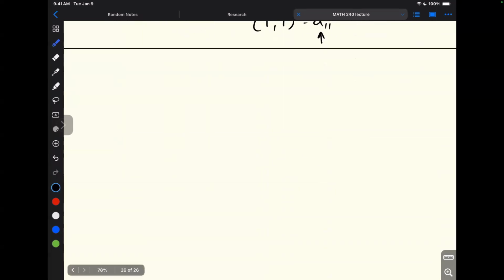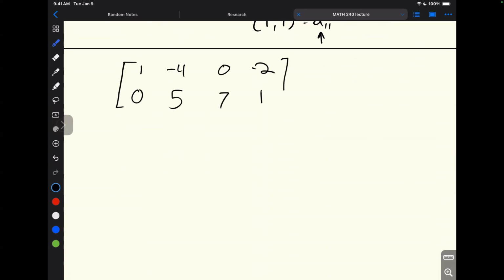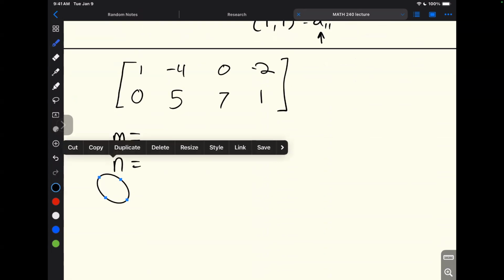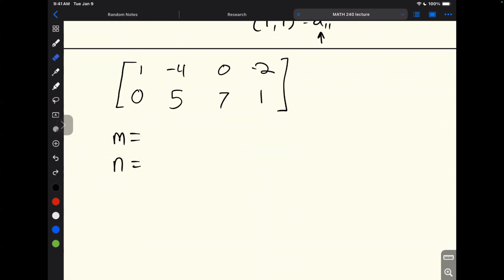Okay, let's do an example. The matrix is 1, -4, 0 in the first row, and -2, 0, 5 in the second. So I would like to know what's M, what's N. Is it square?